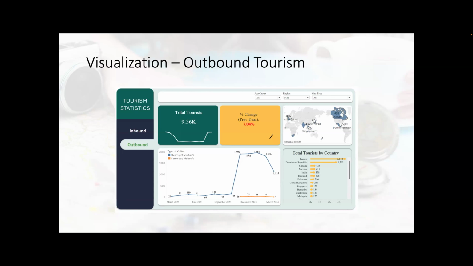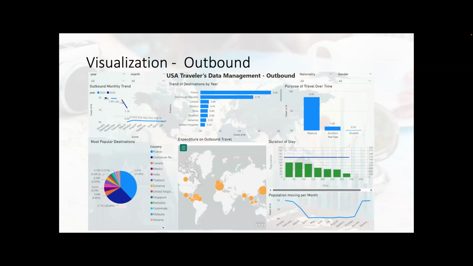Next, Ashwin will tell us about the more insights that we found about the outbound. Yeah. So for the outbound, we have an outbound monthly trend plotted. We could see that January and December are followed by February and March, with a small decline, and overall it is up to 0.1K population traveling outbound from the US.